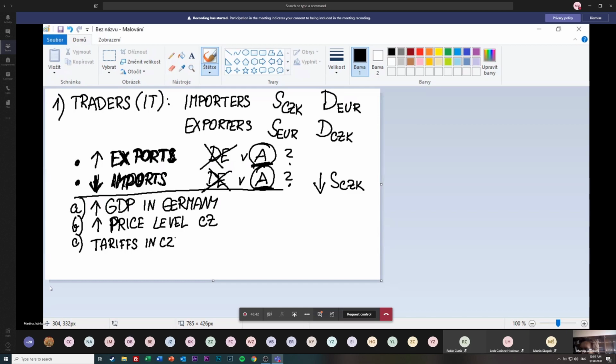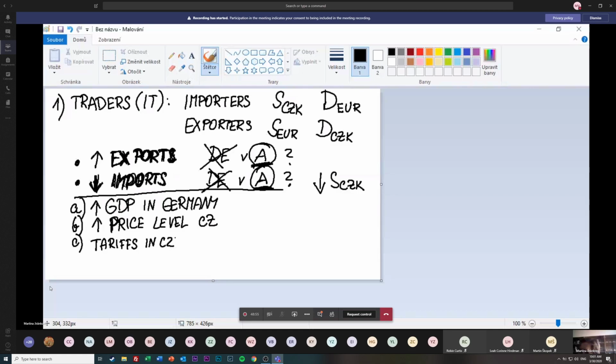So let's go to case A. There is a boom in Germany, an increase in GDP. Generally, we are always very happy if there is economic growth in Germany, because we are very closely connected to Germany.